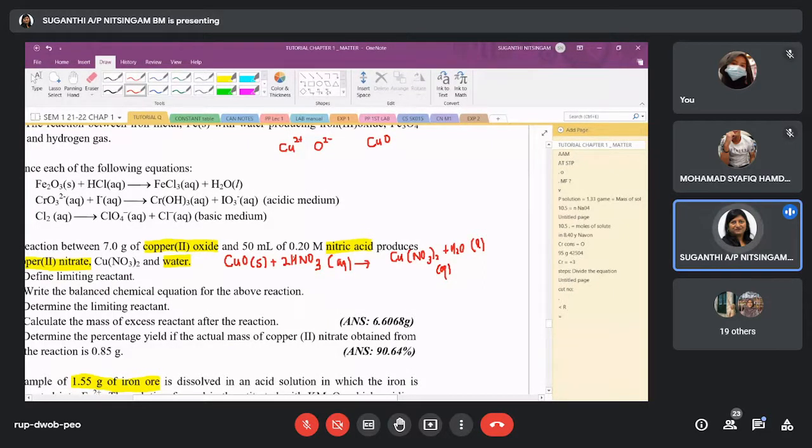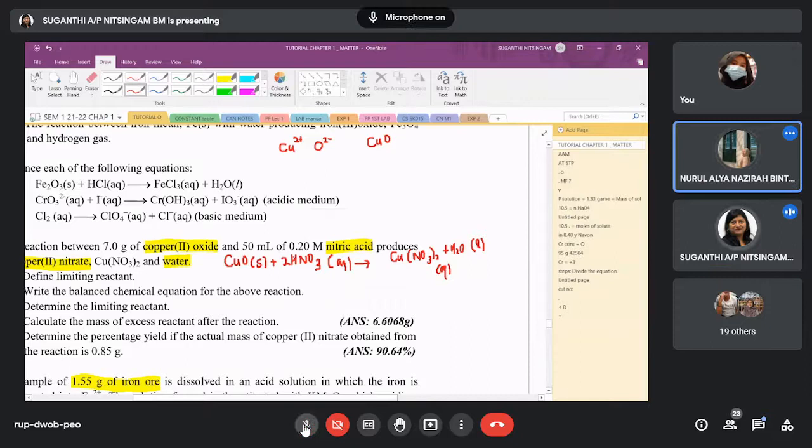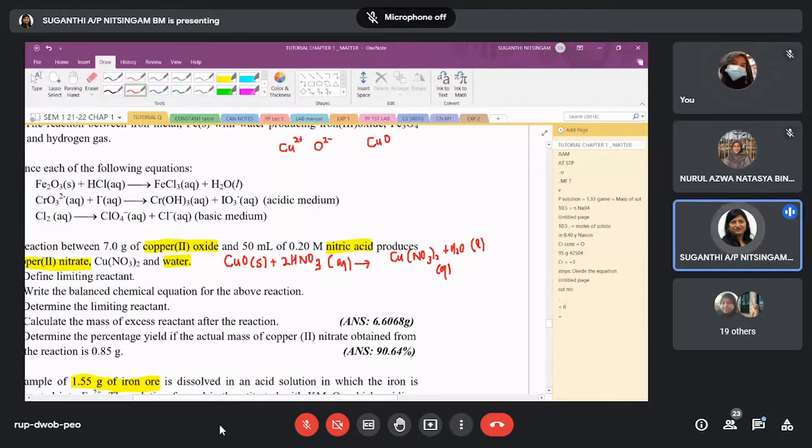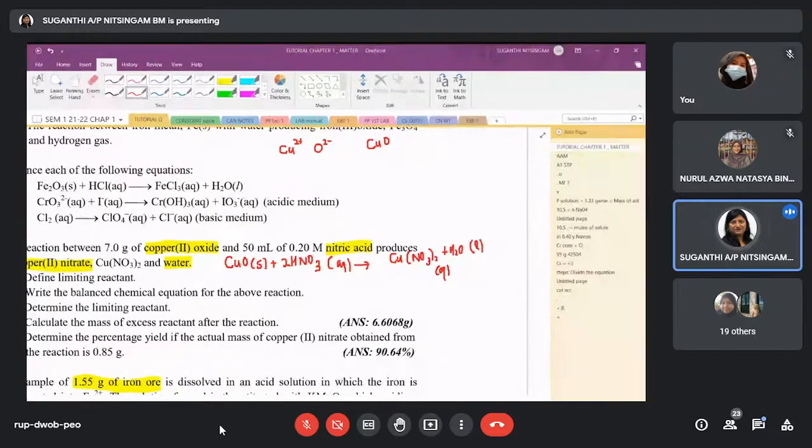Ada sesiapa yang tak dapat equation ni? All of you can write this equation? Yes, madam. Okay, saya nak seorang hantar kerja pada saya. Send in your WhatsApp. Siapa nak hantar?